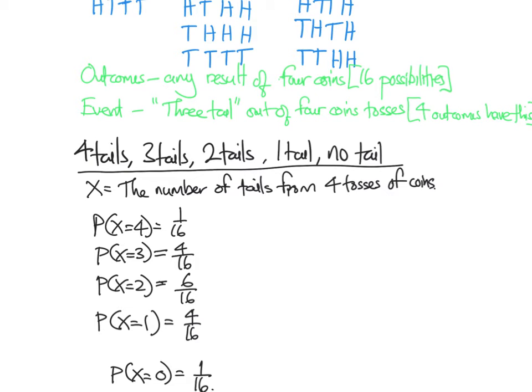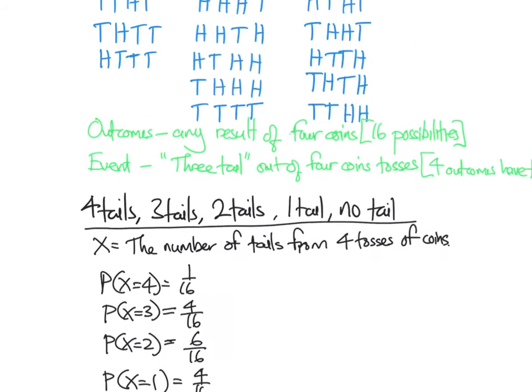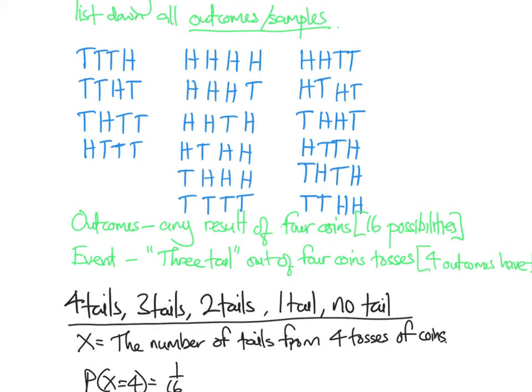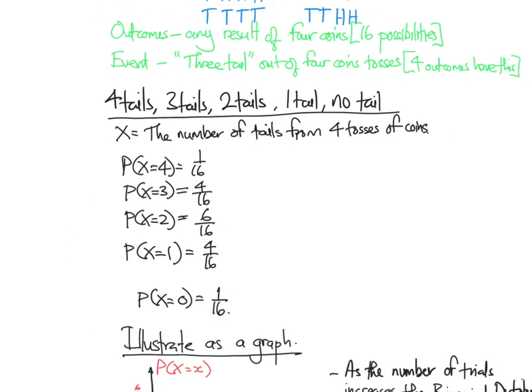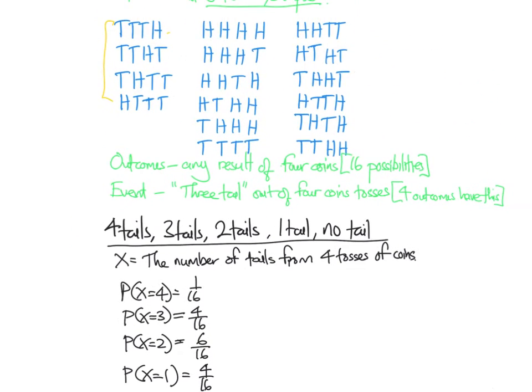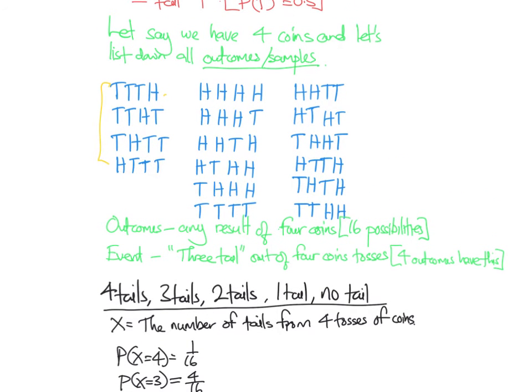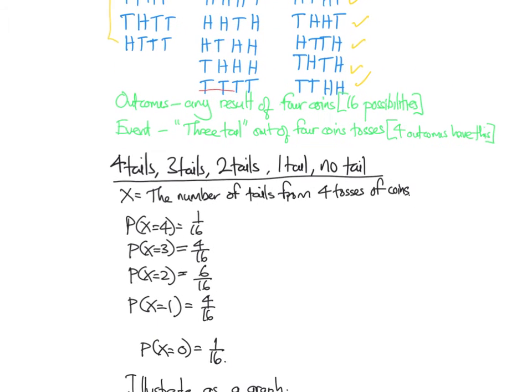Whereas to get 3 tails, you have 3 tails, 1 head, which I can see over here. You have 4 outcomes, only the order is different. Whereas 2 tails, you have 6 outcomes out of 16.